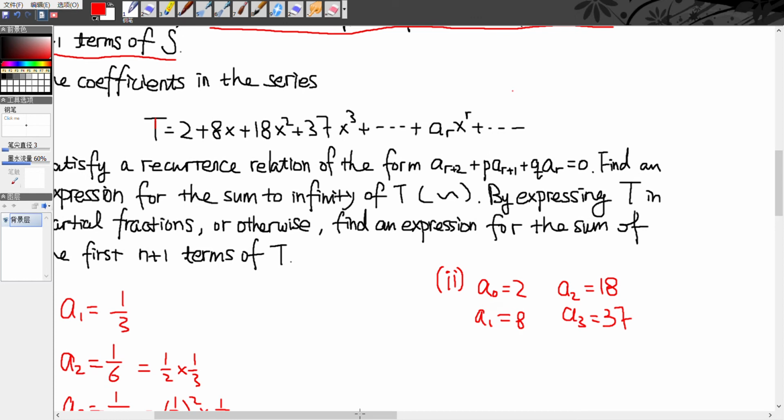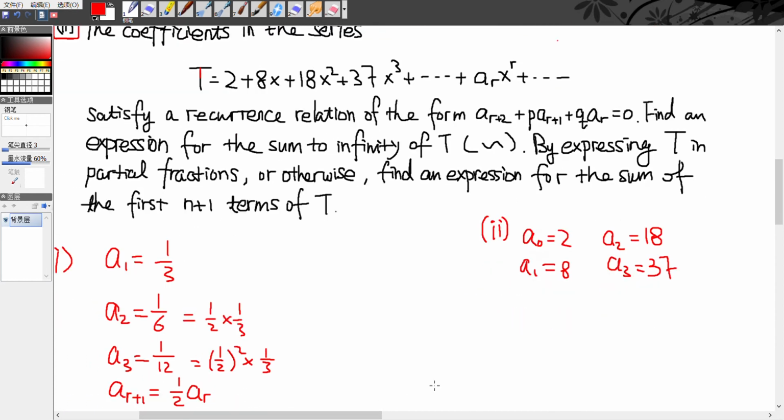Yes, I believe it is correct. So now all we need to do is just to substitute all of those a's into our recurrence relation and find two parameters p and q.